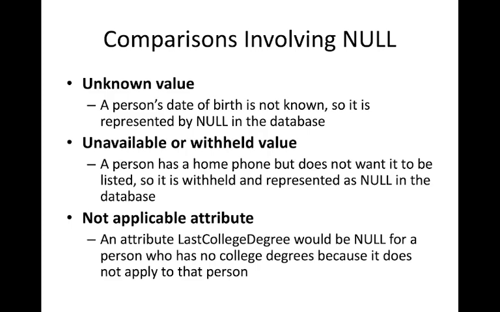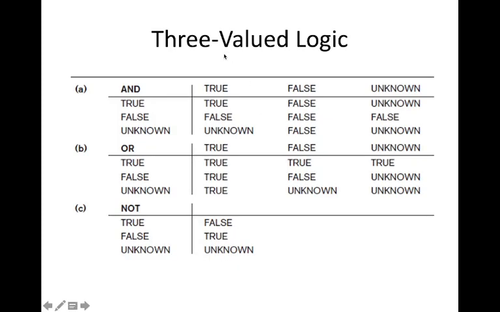In order to do that, we have a three-valued logic in SQL. We have already seen two-valued logic in binary. Similarly, we have a three-valued logic in SQL, that is true, false, and unknown, where unknown is the null value.